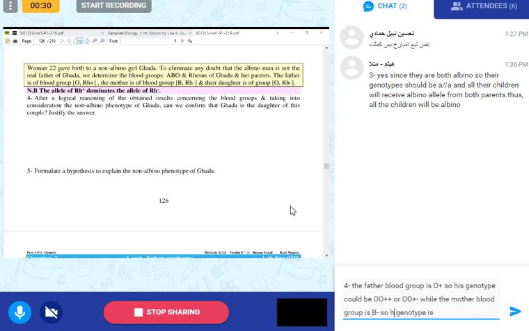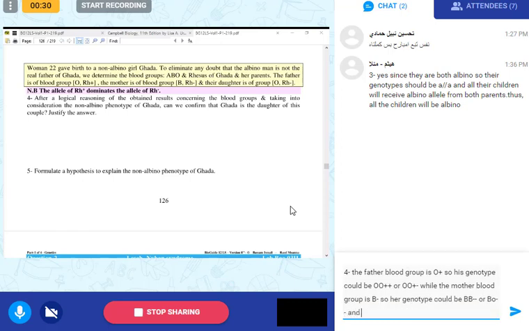So her genotype could be BB minus minus or BO minus minus.